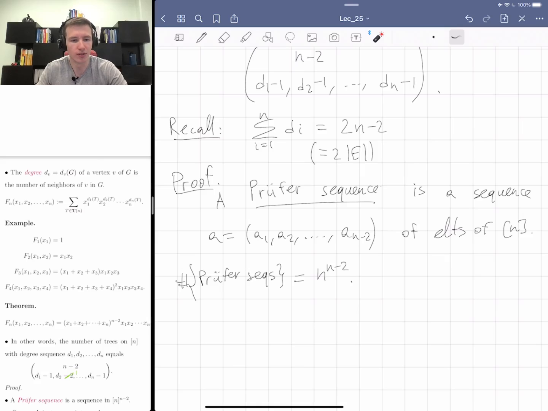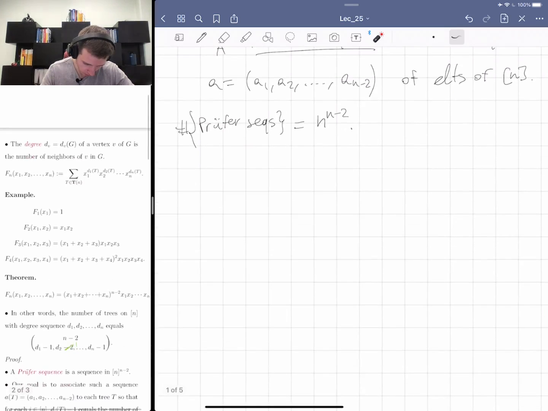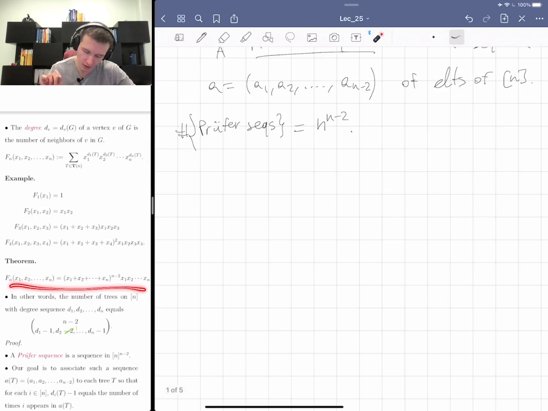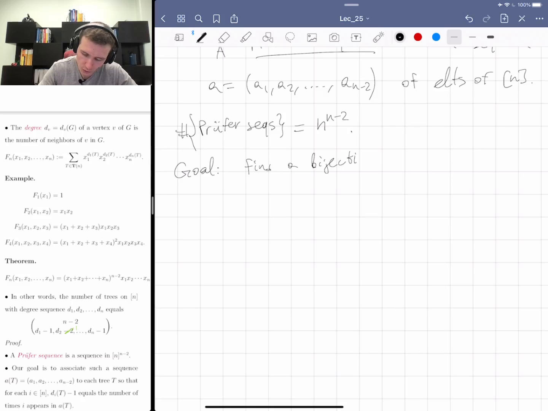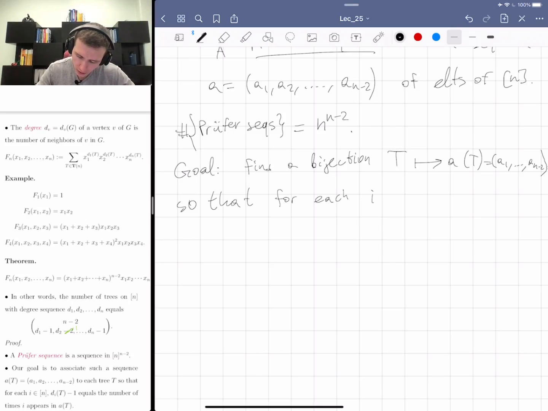And the easiest way to do this is, so the goal, and we want the multivariate analog, is to find a bijection which sends a tree T to a sequence A of T of length n minus 2, with the additional requirement that the vertex degrees are respected: for each i in bracket n, i appears in the Prüfer sequence exactly d_i of T minus 1 times.